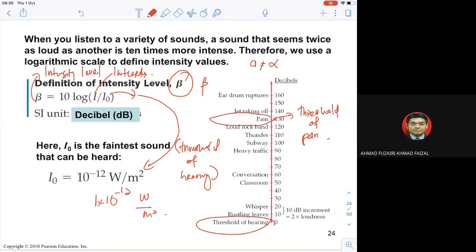Then loud rock band, thunder, subway, heavy traffic. They all have values for the intensity level. The decibel is for intensity level. It is not an intensity, because the unit of intensity is watt per meter square, while the intensity level is decibel.